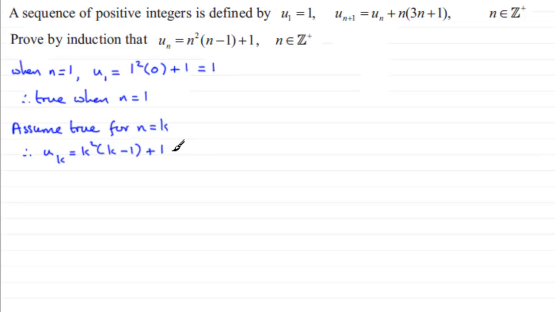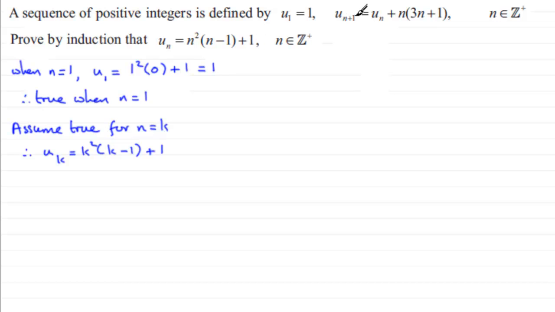Now what we need to do is show that this statement is going to be true when n equals k + 1. So what I'm hoping to work towards is that u(k+1) is going to equal (k + 1) all squared multiplied by (k + 1 - 1), in other words just k, and then plus 1.